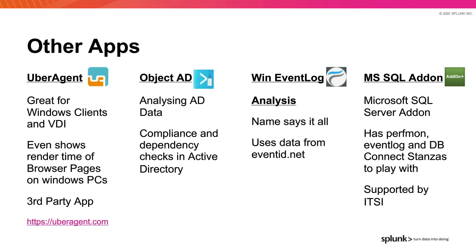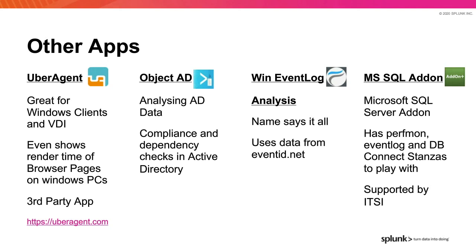I guess you know DB Connect. That's the app to retrieve data from SQL tables via JDBC calls. The SQL add-on uses not only Perfmon data, but also a JDBC connection to get data from a SQL server. But the other things here are also great.